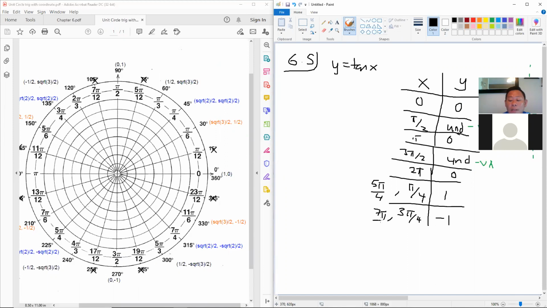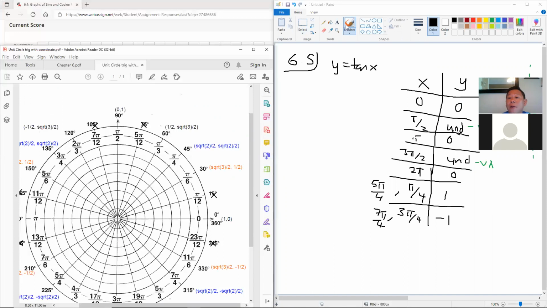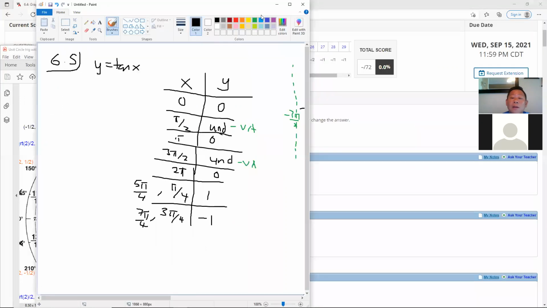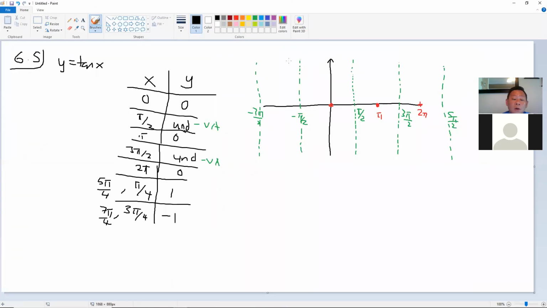So what happened is that we can use this to draw your tangent graph. This is what your tangent graph looks like. Just want to show it to you. At pi over 4, which is right in the middle between 0 and pi over 2, you will get 1. And then at 3 pi over 4, which is the middle between those two, you will get a -1.